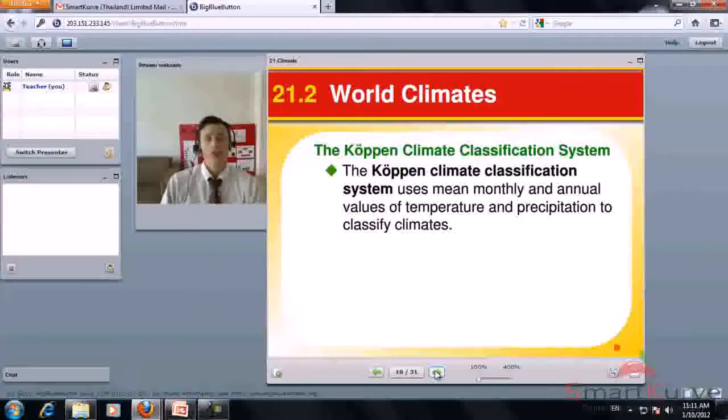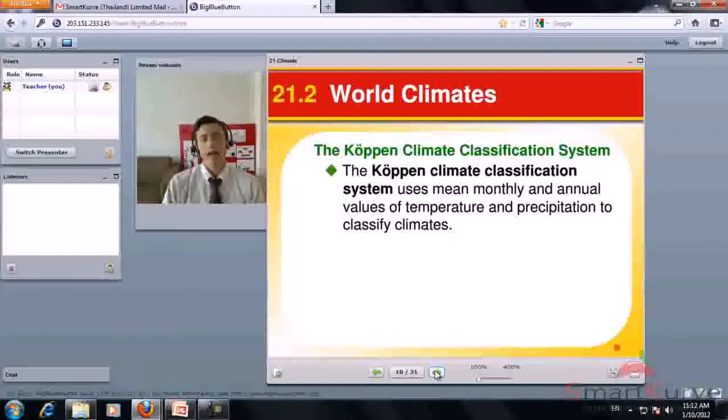So scientists who study weather put different types of weather, different areas of the world, into different classes of weather. And we call this class system the Köppen system.